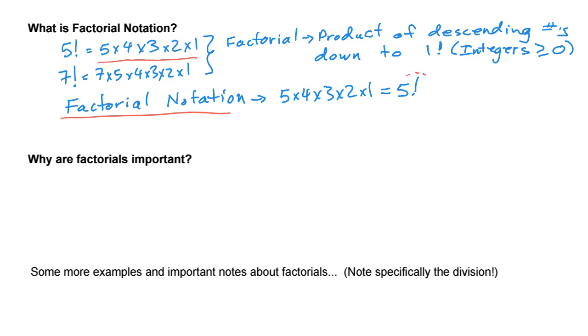This is factorial notation. We use factorial notation to basically describe 5 times 4 times 3 times 2 times 1, and that will save us the amount of writing that we normally do. It just makes it more efficient to write the numbers.